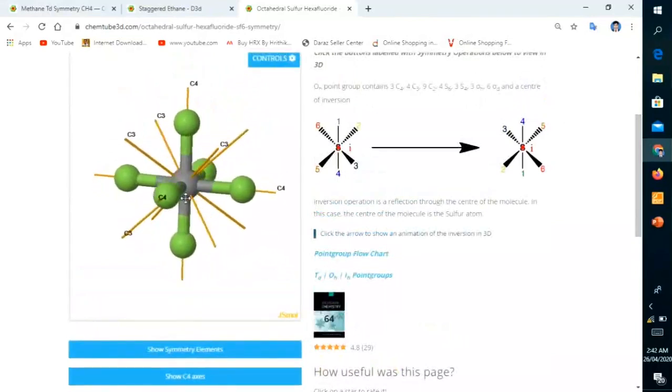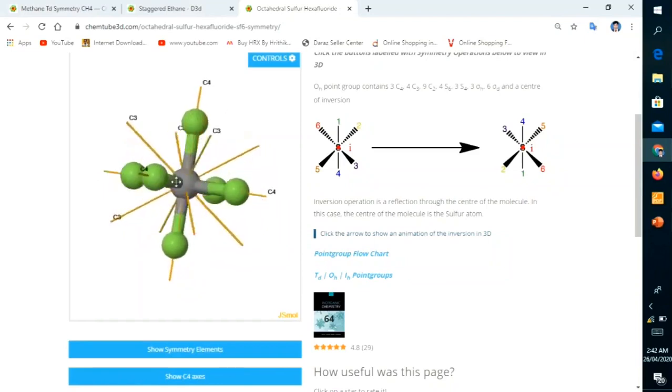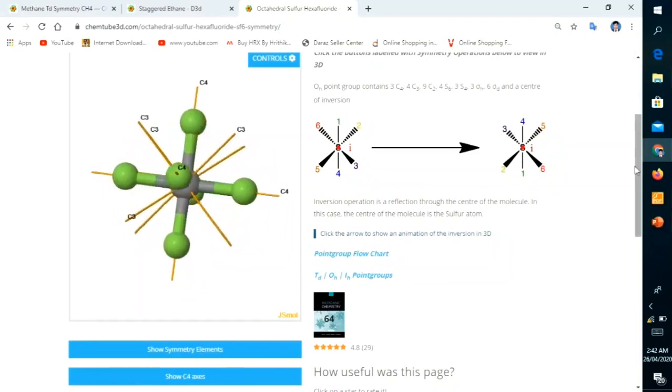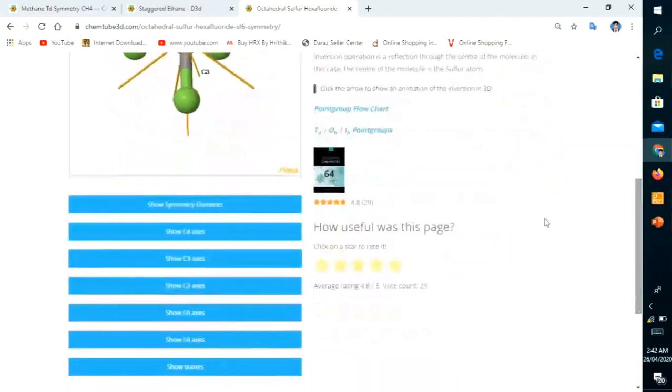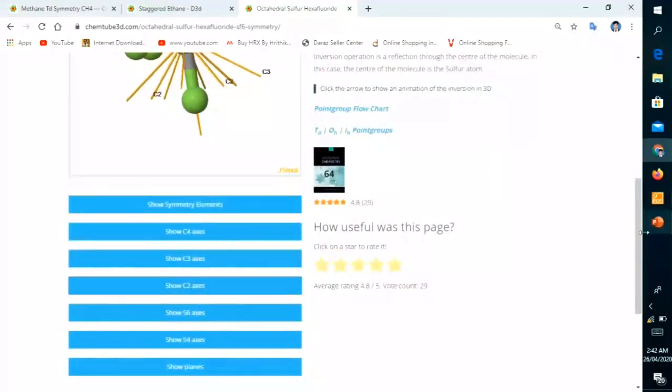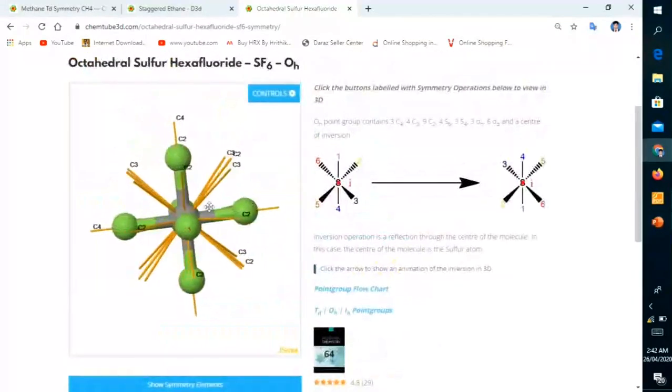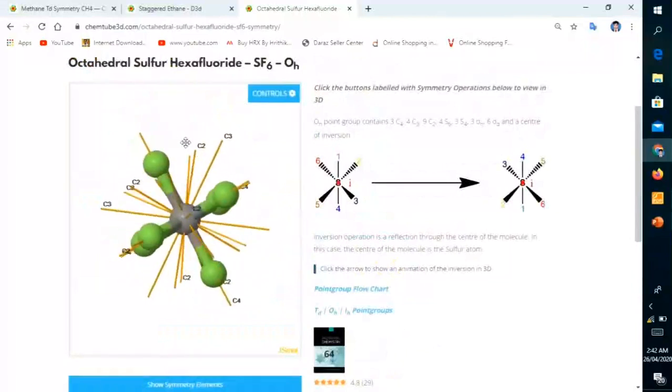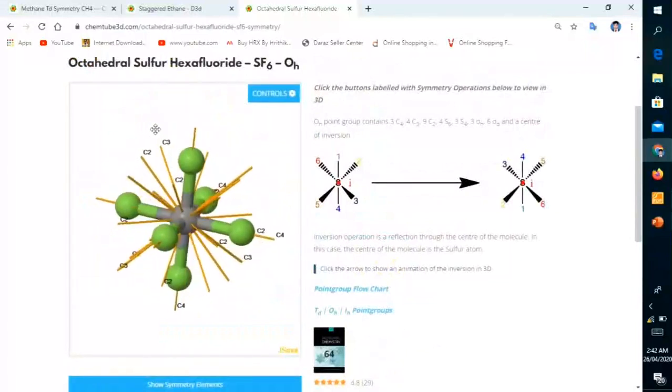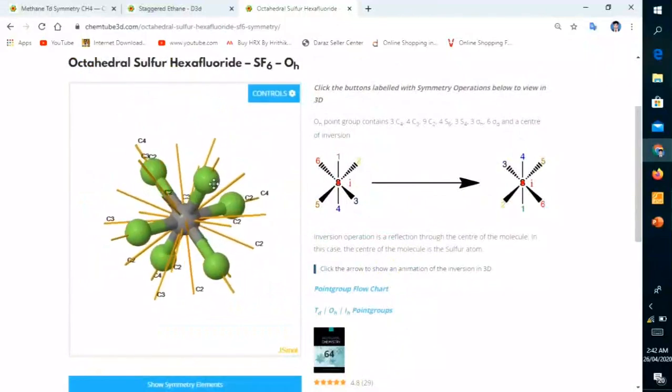There are C2 axes of rotation, so many C2 axes of rotation. There are 6 C2 axes of rotation.